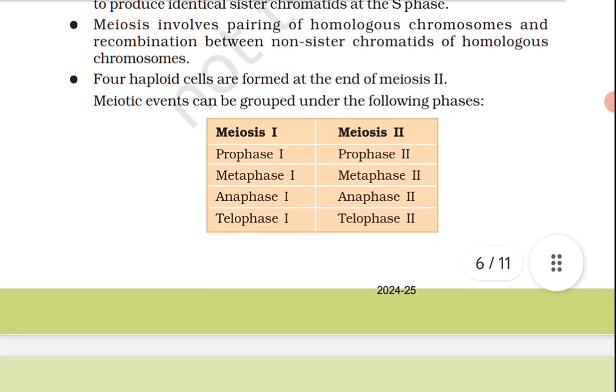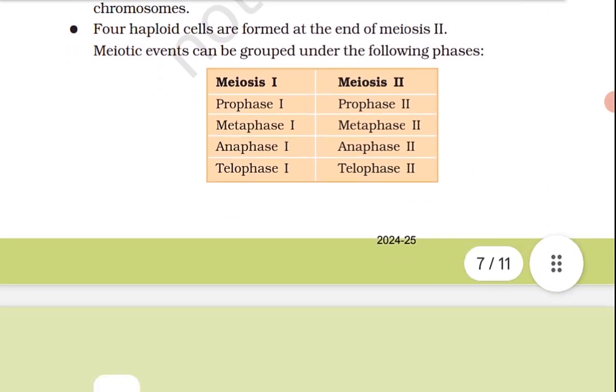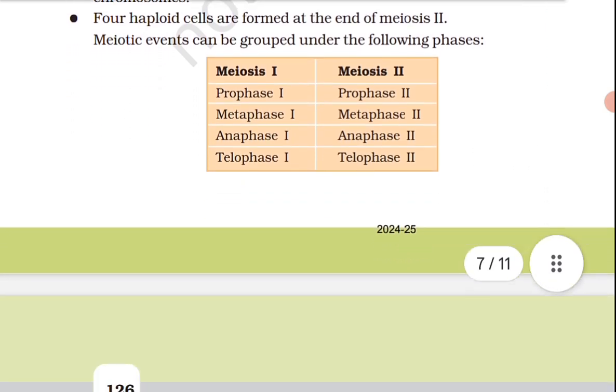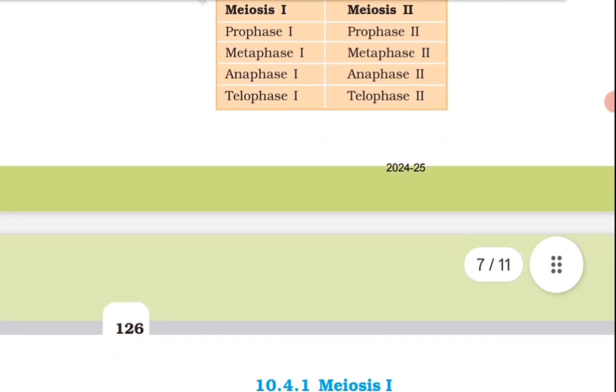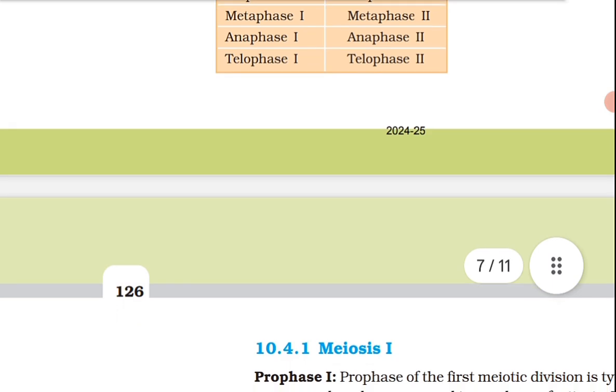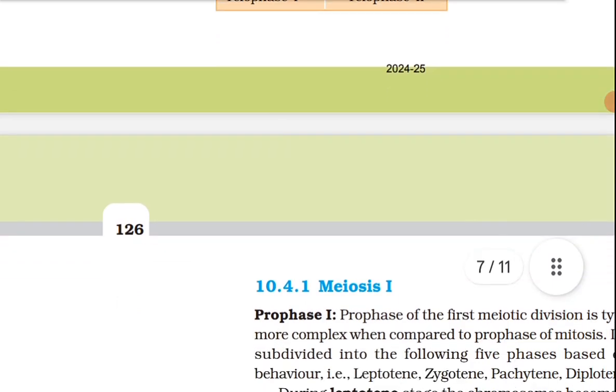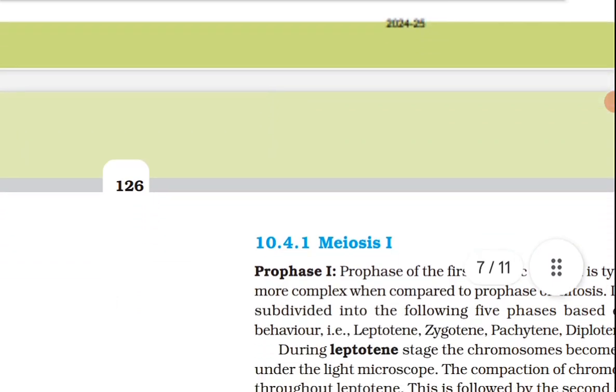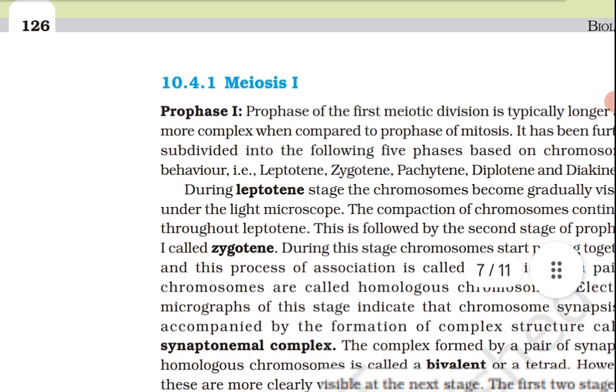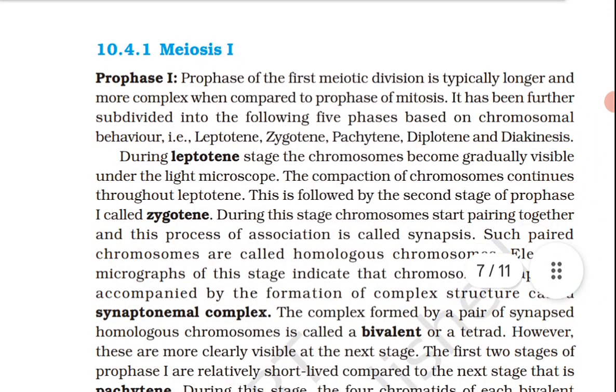Crossing over is also an enzyme-mediated process, and the enzyme involved is called recombinase. Crossing over leads to recombination of genetic material on the two chromosomes.